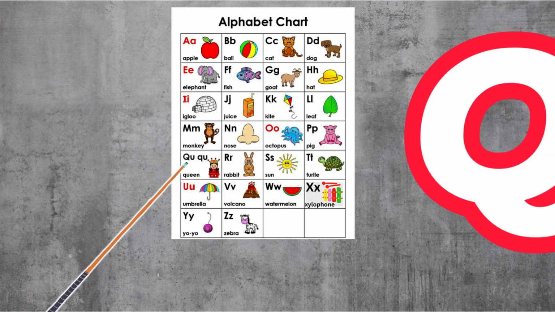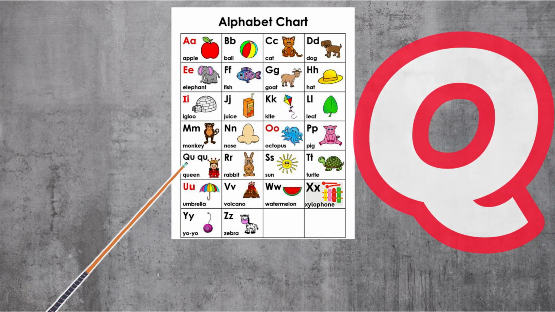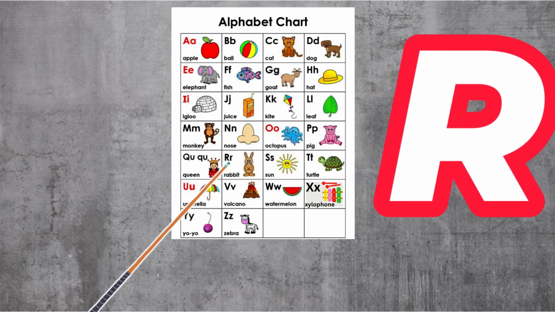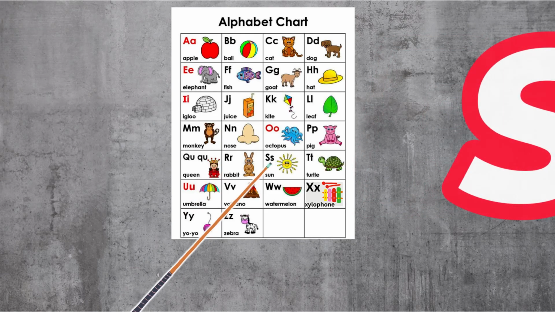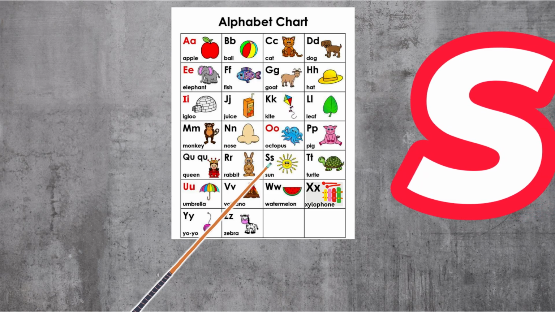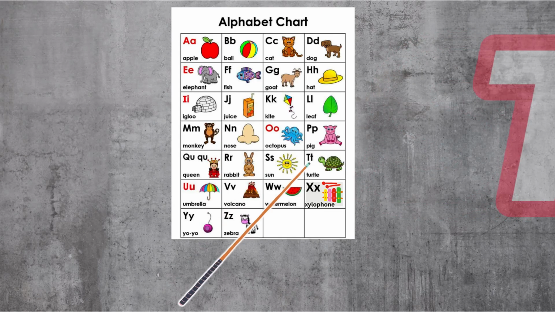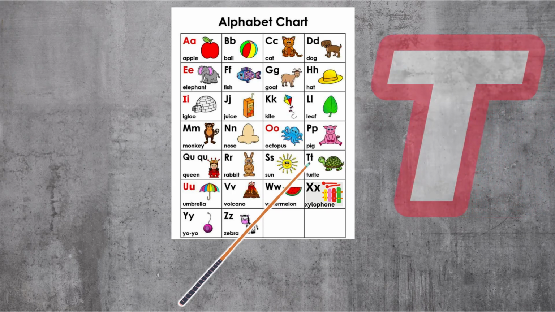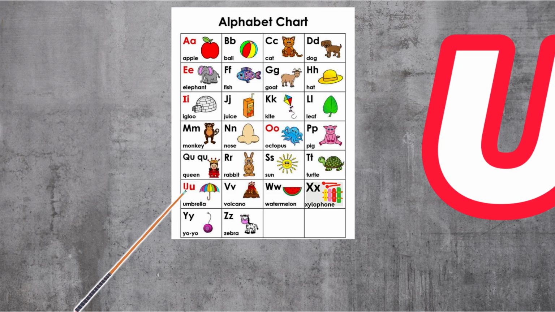Q for queen. R for rabbit. S for sun. T for turtle. U for umbrella.